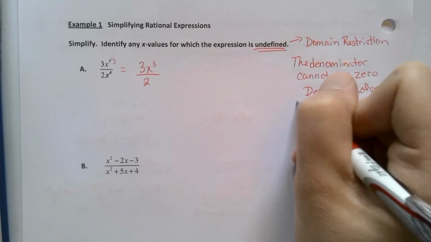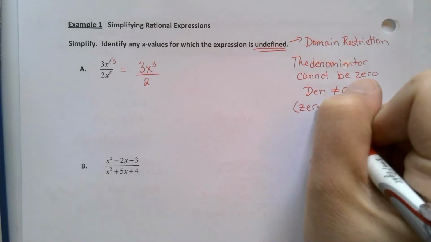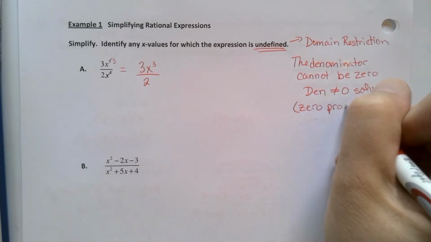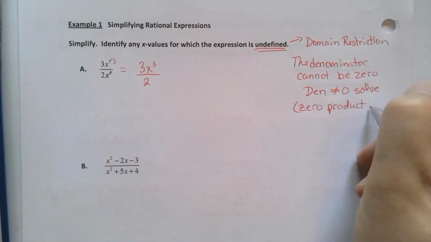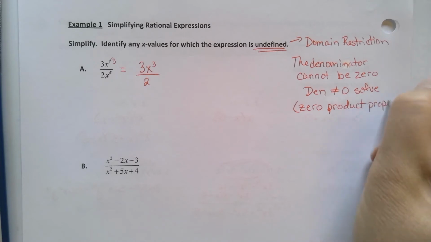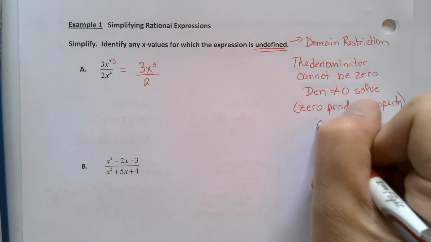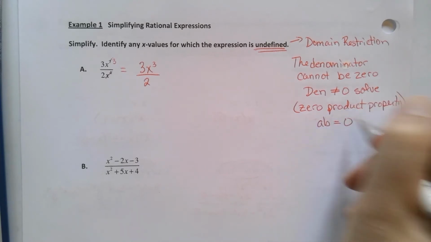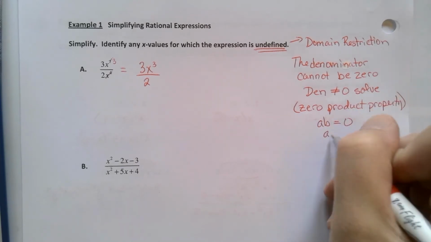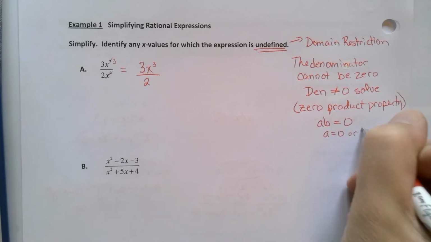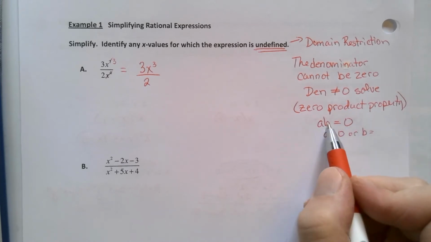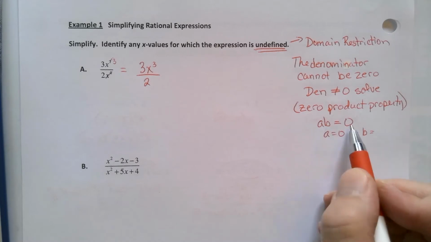And most of the time you're going to solve using the zero product property, which is something you learned with quadratics. And just a quick reminder of the zero product property, if I have a times b equals 0, then we knew that either a equaled 0 or b had to equal 0. 0 times b would make it 0, or a times 0 would be 0.